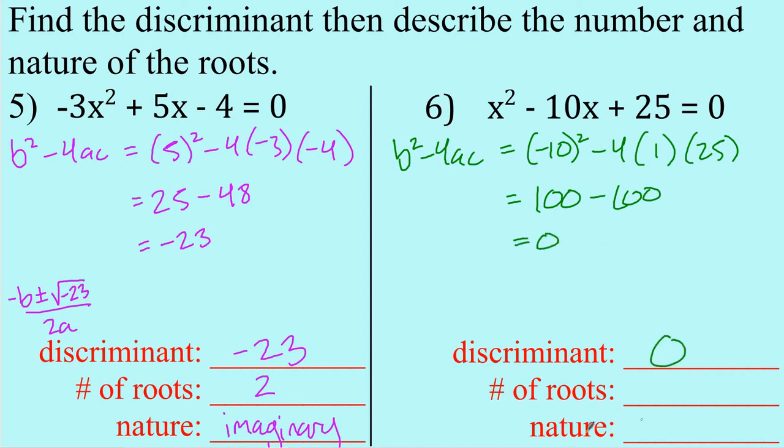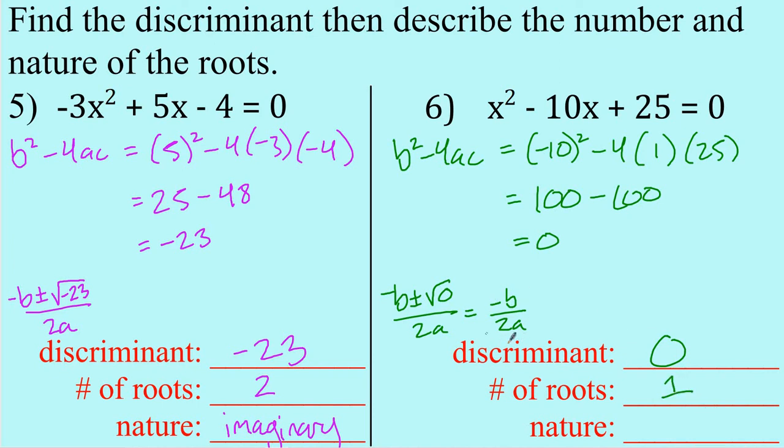The discriminant is 0. So think about what your answer would be. This is plus or minus nothing. Adding 0 and subtracting 0 do nothing. So this simplifies to just negative b over 2a, which is just one answer.